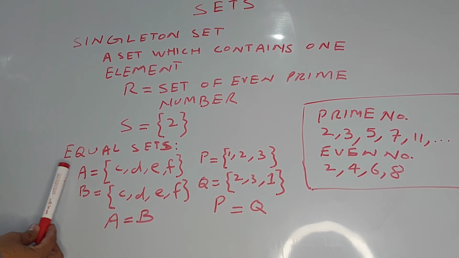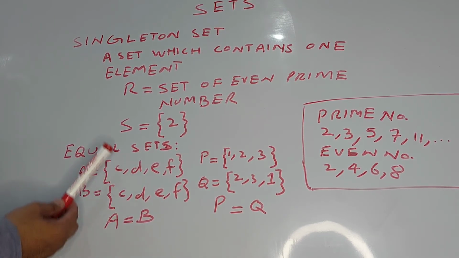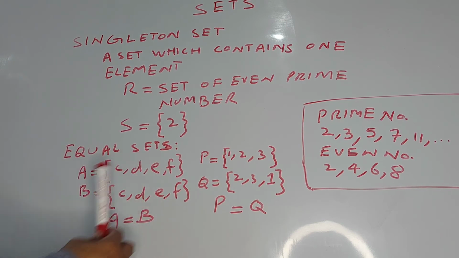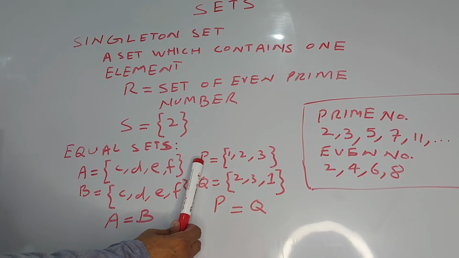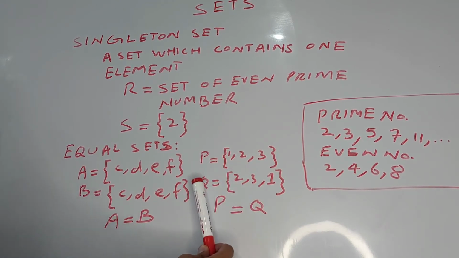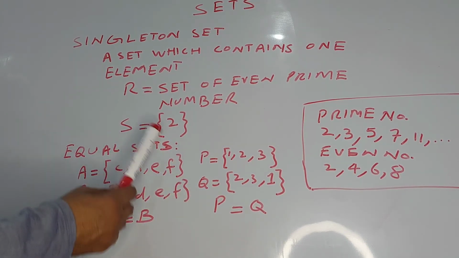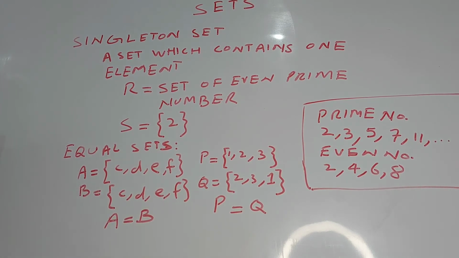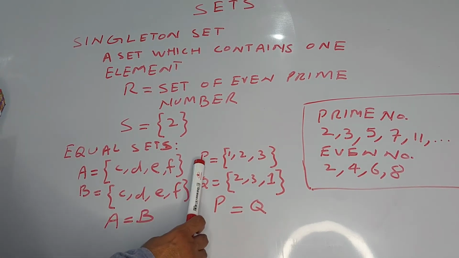First we check that elements of set A are contained in set B, and then we check that elements of set B belong to set A. If these two conditions are satisfied, then set A is equal to set B. First we check that the elements of P belong to the set Q, and then vice versa. In reverse order we check that elements of Q belong to set P. If these two conditions are satisfied, then P is equal to Q.